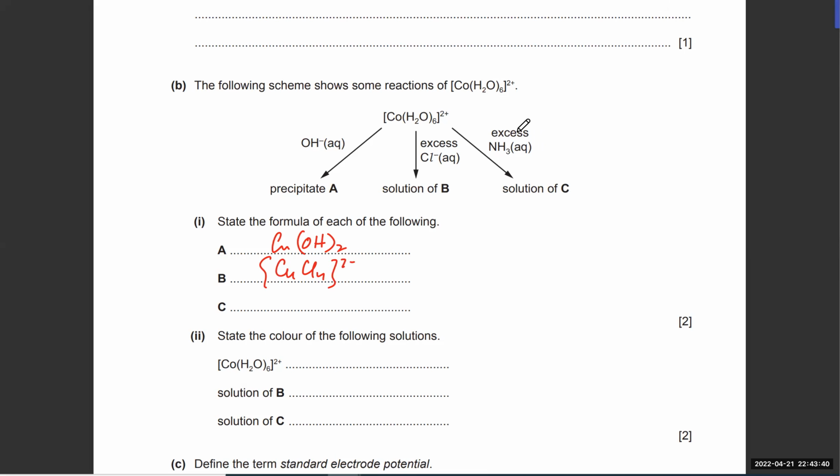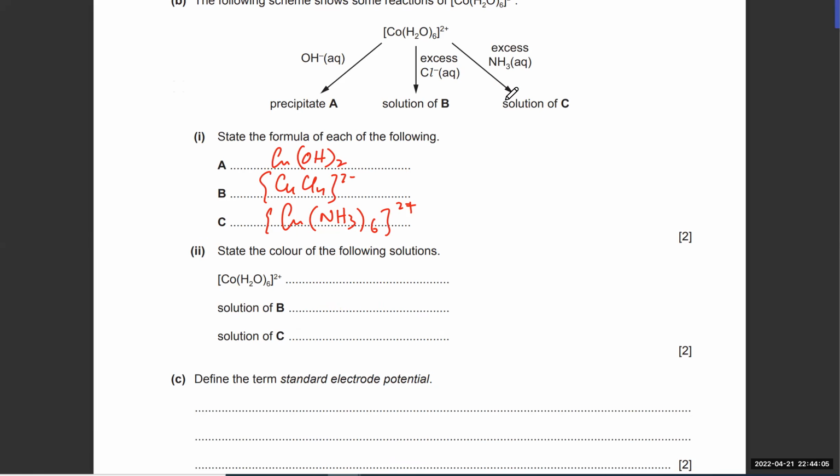When you add a small amount of NH3, this thing will happen. So in this case, you're free to choose whatever amount of NH3 you want to keep in the formula. It could be 3 NH3s and 3 water molecules, or 6 NH3s, or 5 NH3s and 1 water molecule. So this one is C.